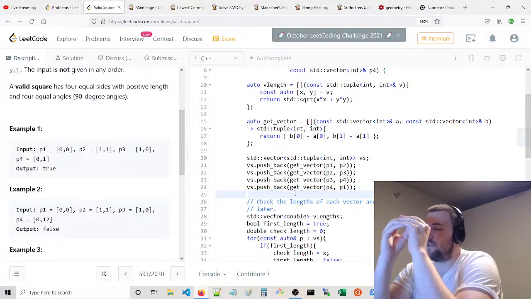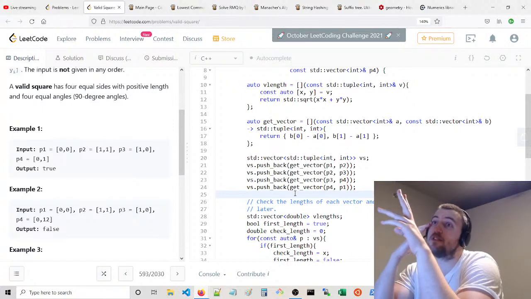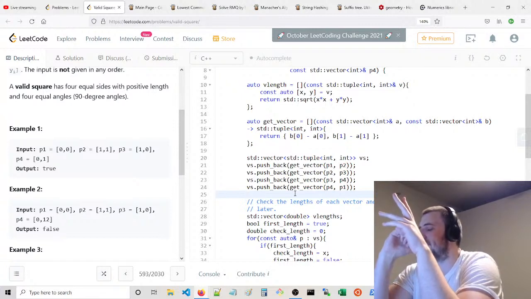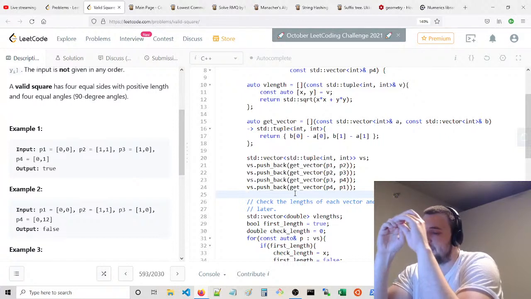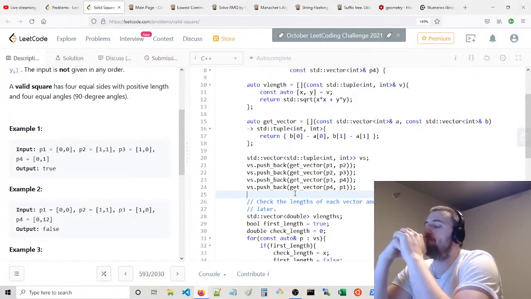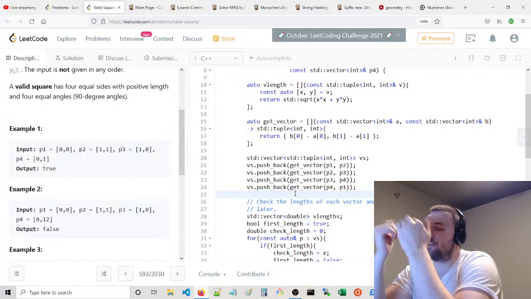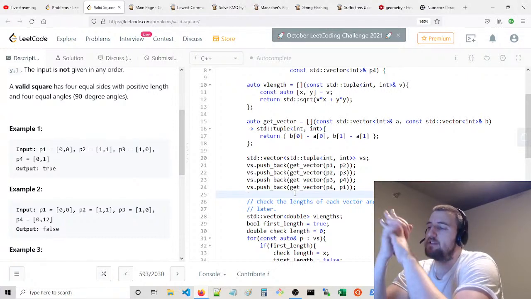You have this other point and this vector, and you would project. We've already normalized these vectors, but you would have an orthogonal vector pointing to that other point, either to the right or to the left, and then you can take the cross product of that orthogonal vector with your original vector.